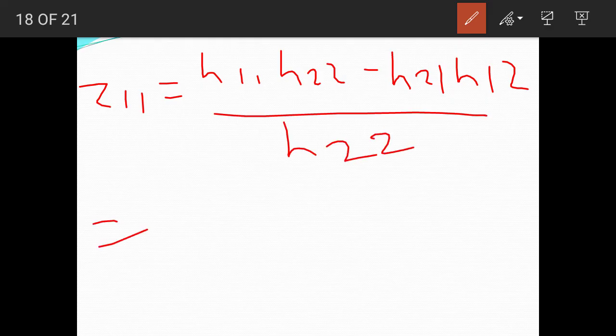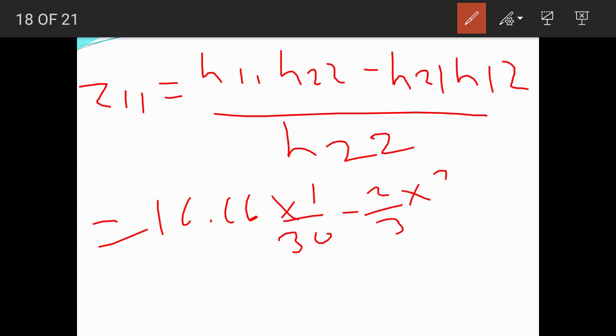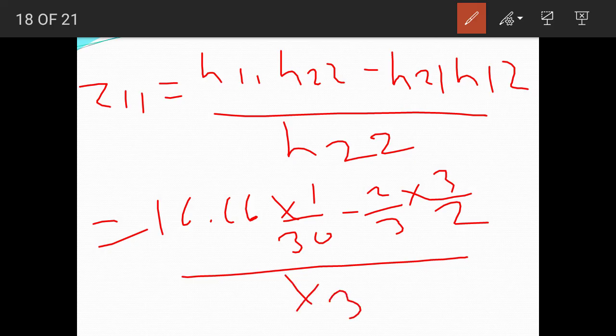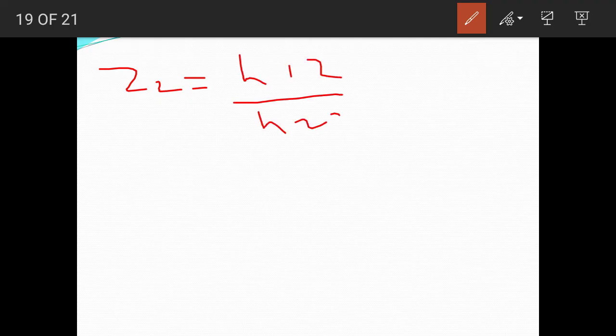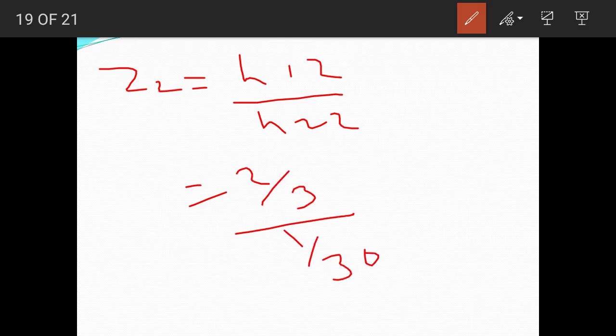So here we can put the value of H11 is 16.66, H22 is 1 upon 30, minus H21 is 2 upon 3 and H12 is 3 upon 2, divided by 1 upon 30. Similarly, Z12 is equal to H12 upon H22. So H12 is 2 upon 3 divided by 1 upon 30.